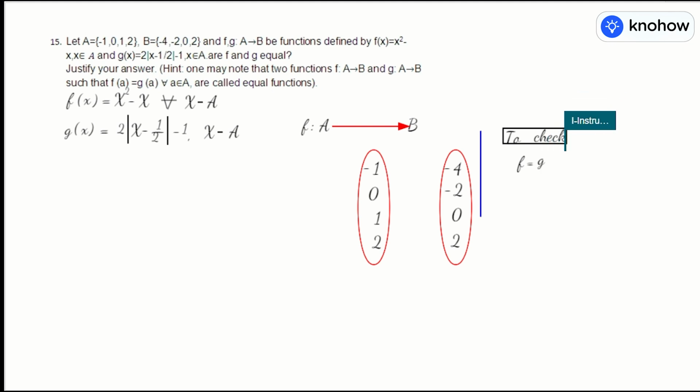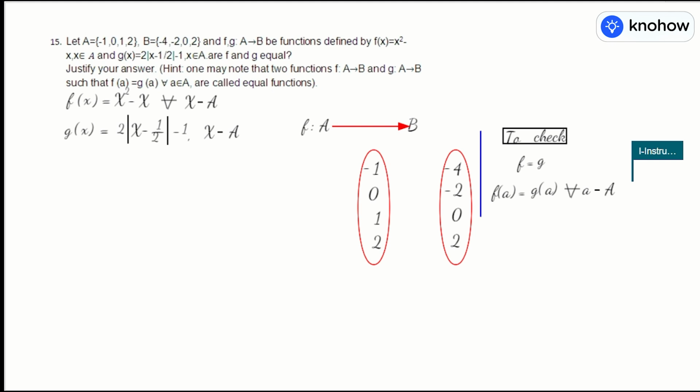If f and g are two functions on the same set, then the two functions are said to be equal if f(a) equals g(a) for all a lying in the given set A. That is, if each element of A is associated to the same element under function g, then the two functions are said to be equal.